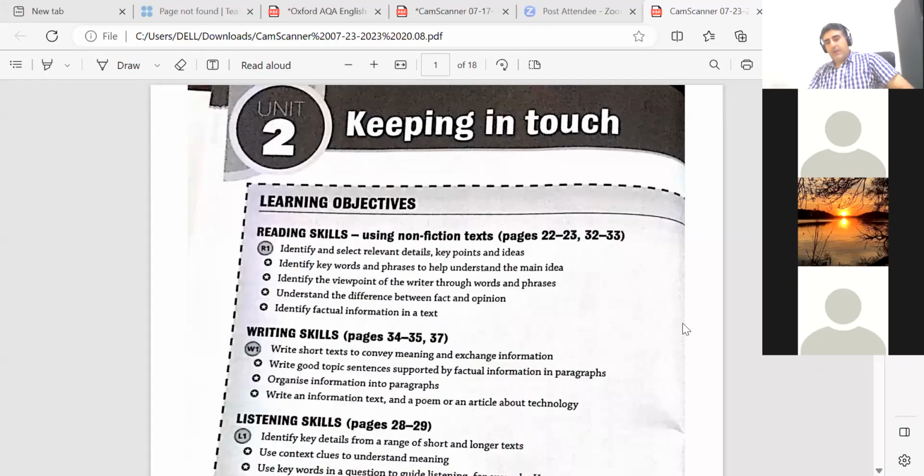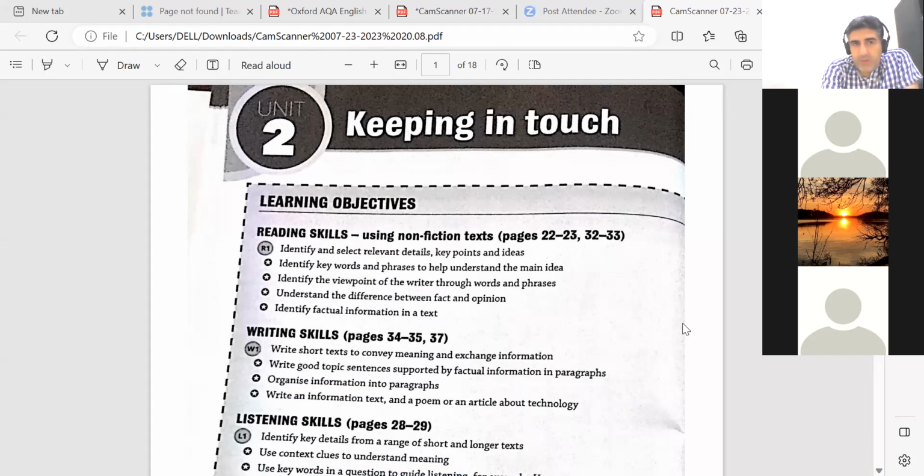Can you see my screen? Yes, okay. What are the learning objectives in unit 2? Keeping in touch. What should you learn in unit 2?